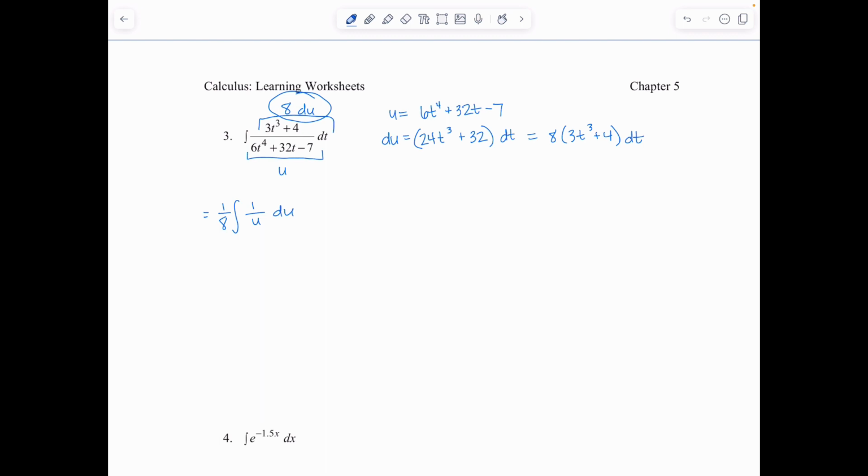Now we can take the integral. So we'll have 1/8. The integral of 1 over u is natural log of u plus c. And then we'll substitute back in. We have natural log. U is 6t to the 4th plus 32t minus 7, over 8 plus c.